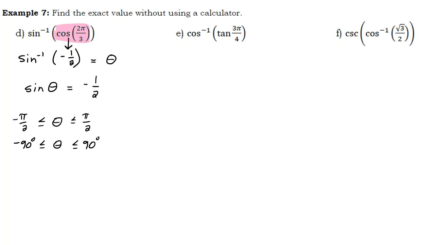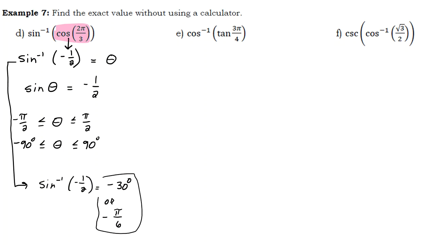So we're going to express that as a negative, which is negative 30. So the inverse sine of negative half is negative 30, or in radians, negative pi over 6. And that is our answer.